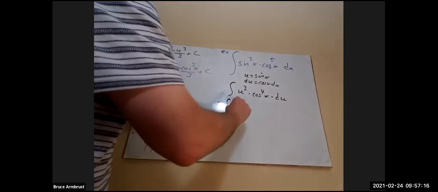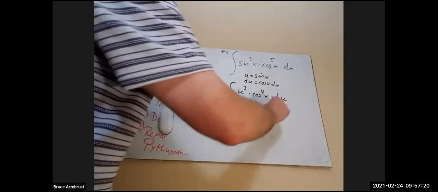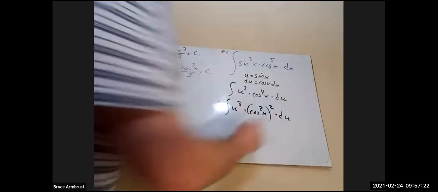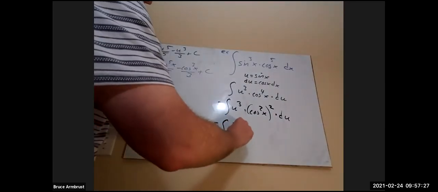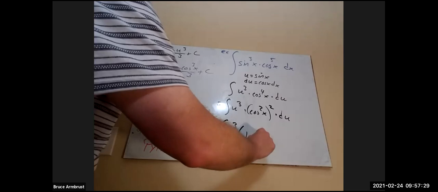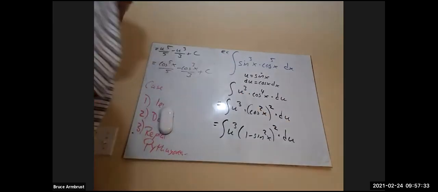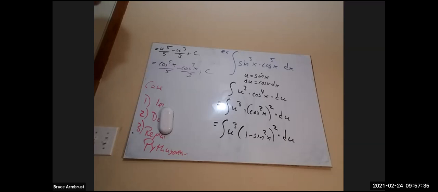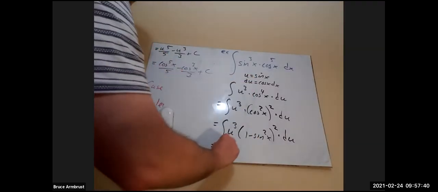So think of this as cosine squared squared, and cosine squared is 1 minus sine squared. But sine is equal to u.